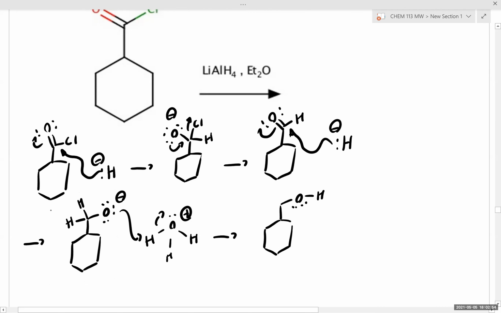I'm just saying commonly you isolate the alcohol after an acidic quench. And we can do many other things with the alkoxide ion. We can alkylate it, we can acetylate it. It's still a nucleophilic species that we can further react in solution. Commonly though, you just quench with acid and that gives you the alcohol. Did that answer your question?